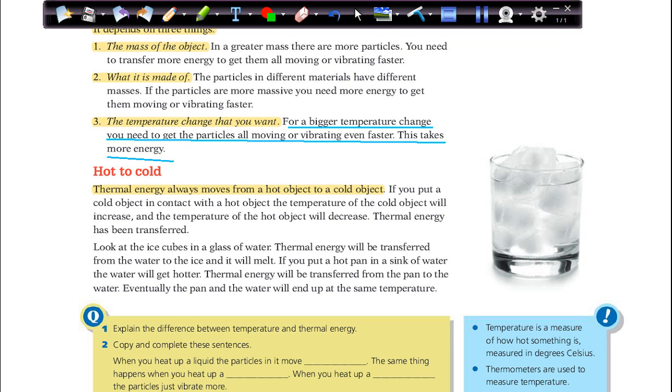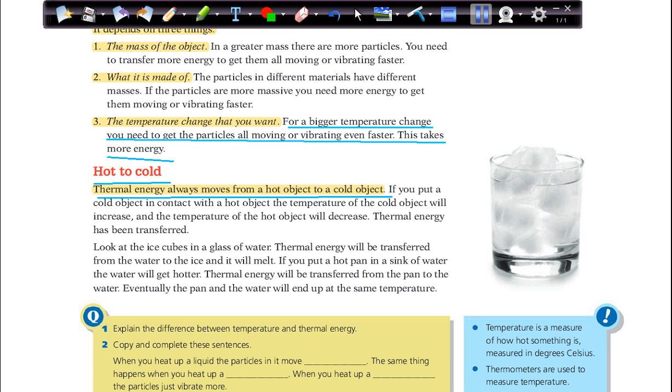Okay, hot to cold. Thermal energy always moves from hot object to cold object. So we said before, if we have an ice cube in our hands, after minutes it will start to melt. Why?